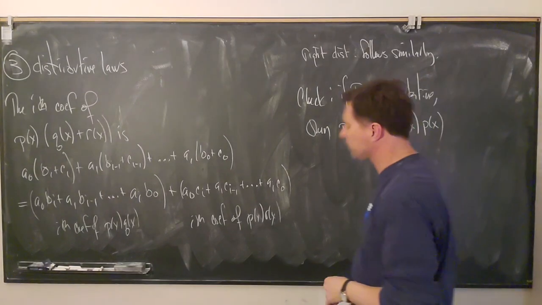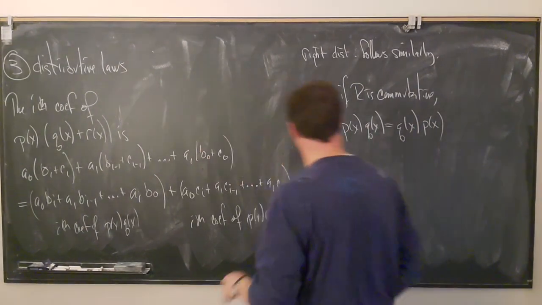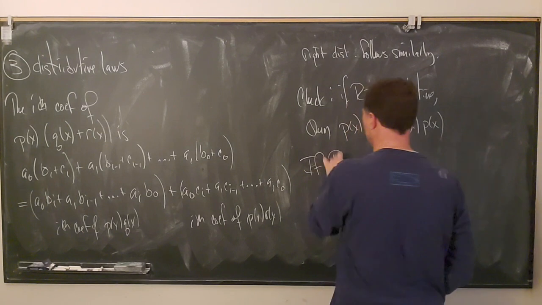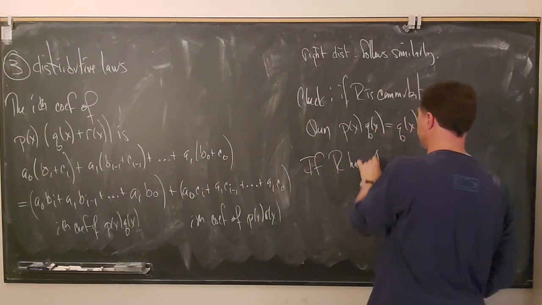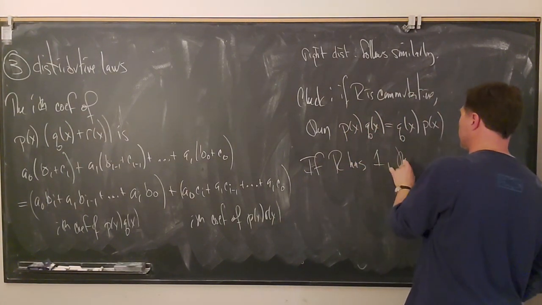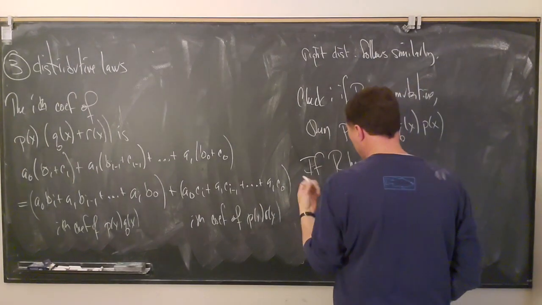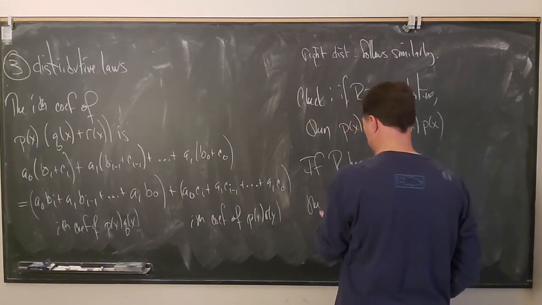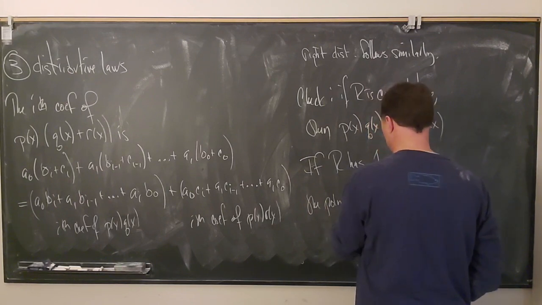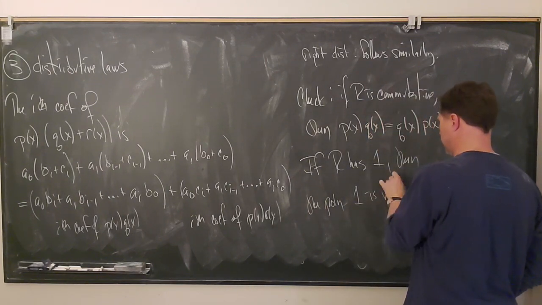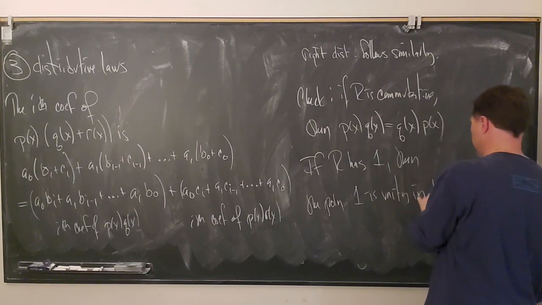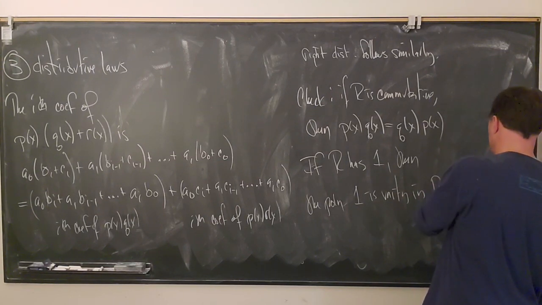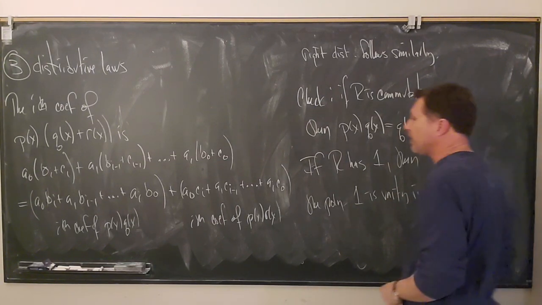And if R has 1, the unity element, then the constant polynomial 1 is unity in R[x]. All right, so that completes the proof.